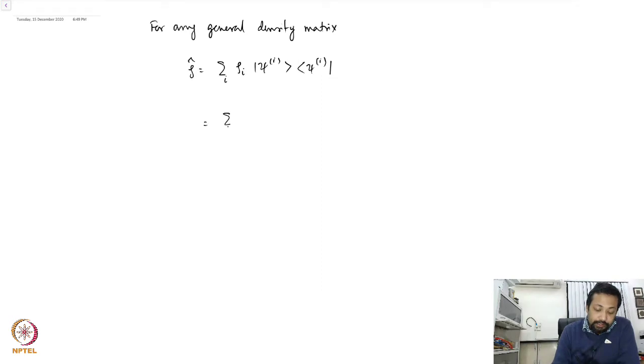Now for any general density matrix, where I have rho hat as the sum over I of rho I |psi I><psi I|, this I can write down as the sum over k, k prime of |phi k><phi k|psi I><psi I|phi k prime><phi k prime|.